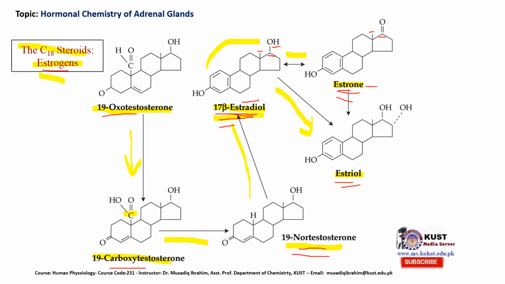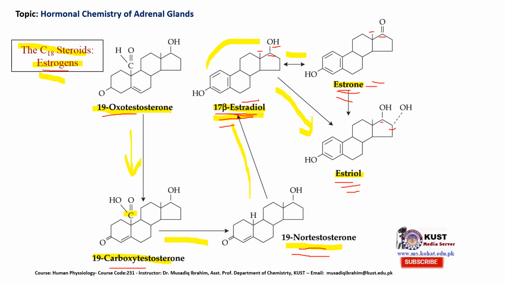Now if we compare estrone with estriol, you can see that the rest of the structure is the same, but the only difference is at carbon number 17 and carbon number 16.